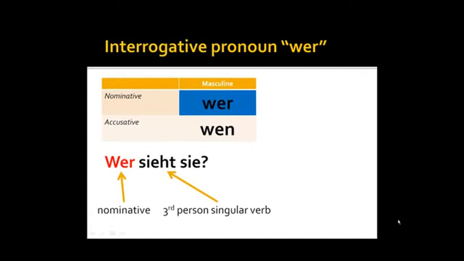Now, I have the nominative form of wer. This is actually the subject of the sentence. So even though it is a question and the interrogative pronoun will go at the beginning of the sentence anyway, it's also the subject of the sentence because it's in the nominative case. This interrogative pronoun is the subject performing the action. Who sees?